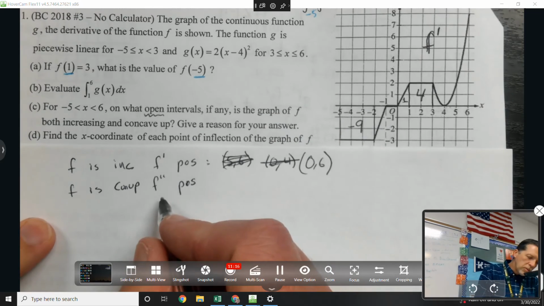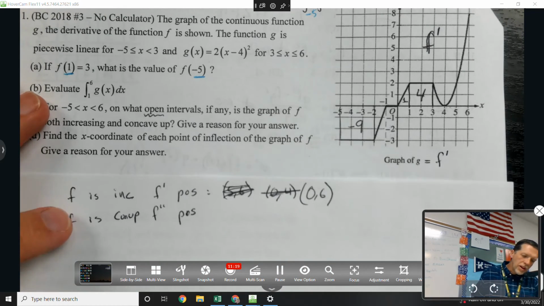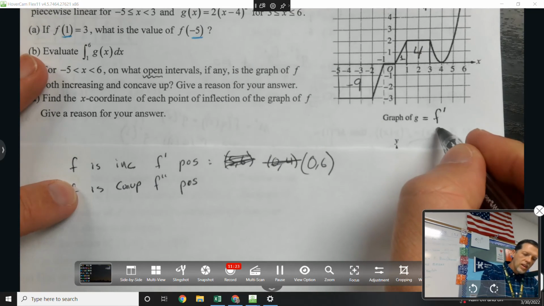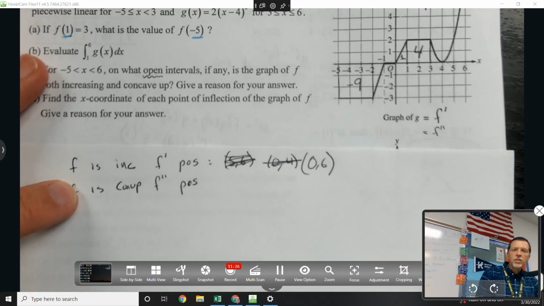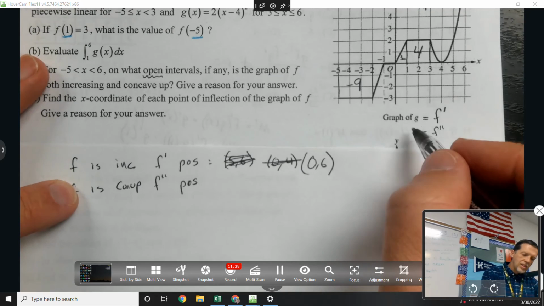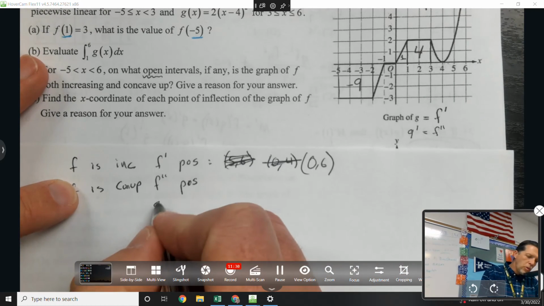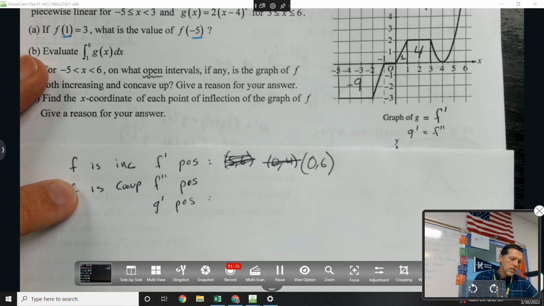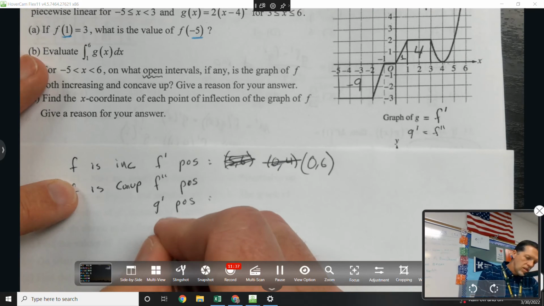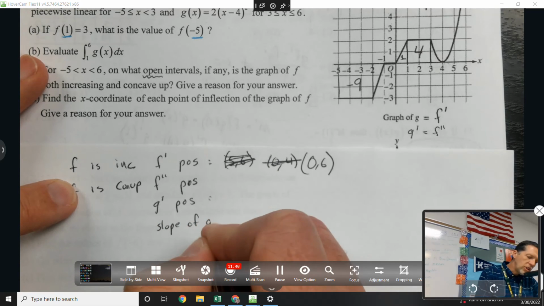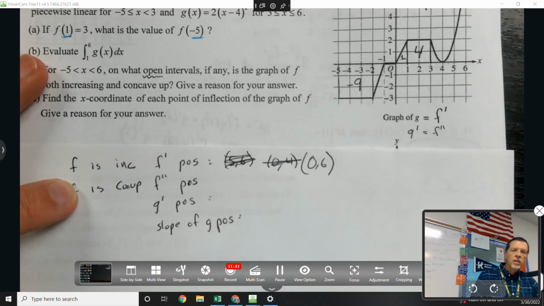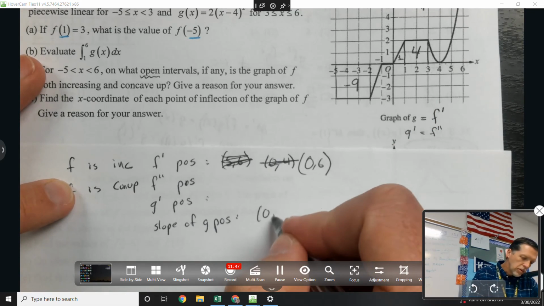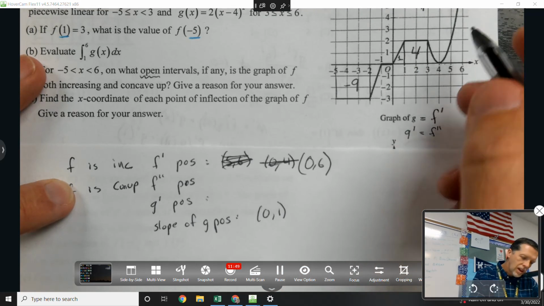F double prime is positive. Well, I don't know about f double prime, except that if I take the derivative of both sides, that means I need g prime to be positive. So I need the slope of g to be positive. That would be from 0 to 1 and 4 to 6.